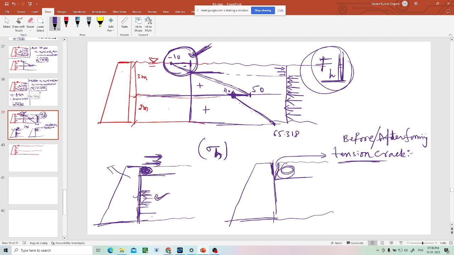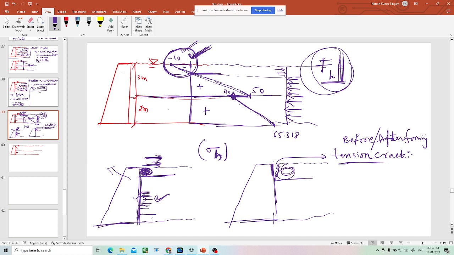Suppose you don't neglect the tension while calculating the force, then the effective force will be less. Suppose this positive force is 100 kilonewton, a rough value, and the negative is minus 10 kilonewton. So what is the effective force? 100 minus 10, 90 kilonewton is the effective force on the wall, right?